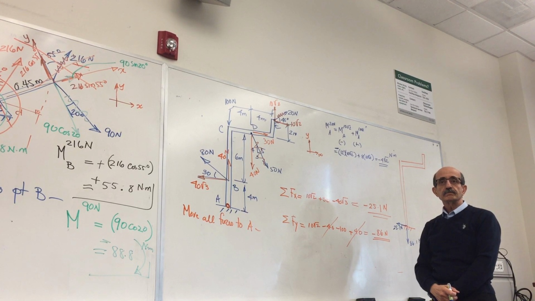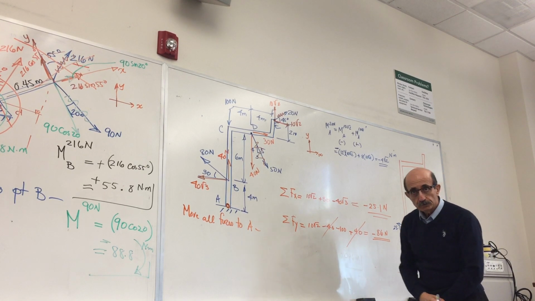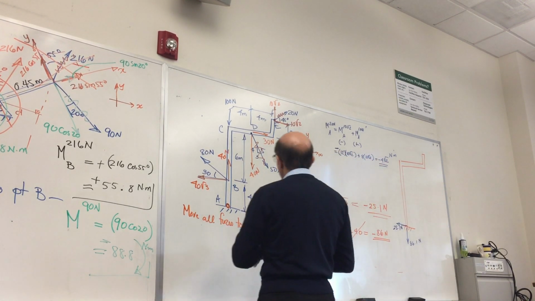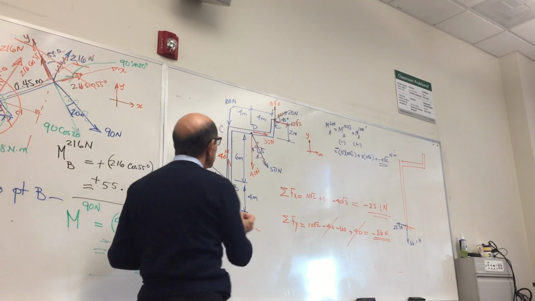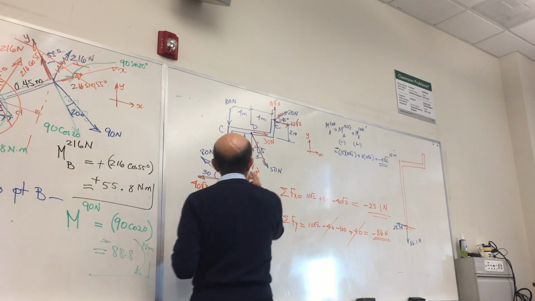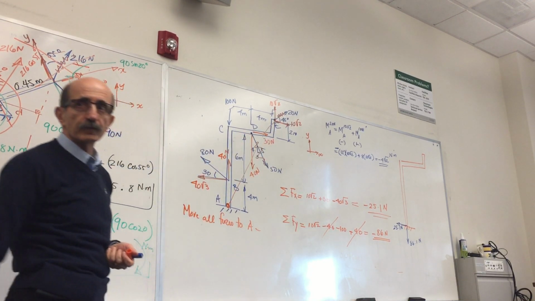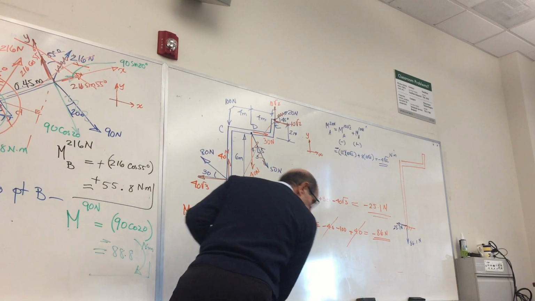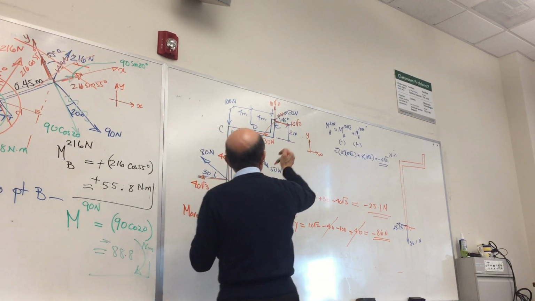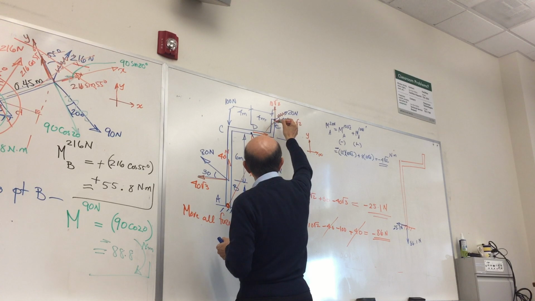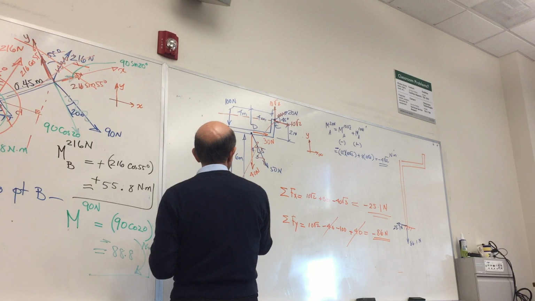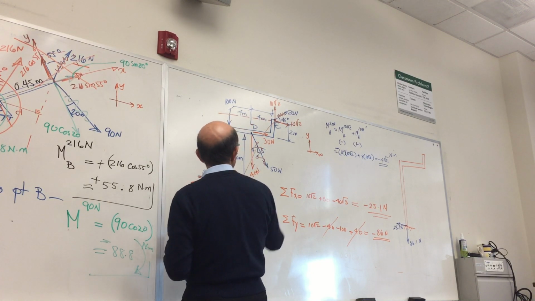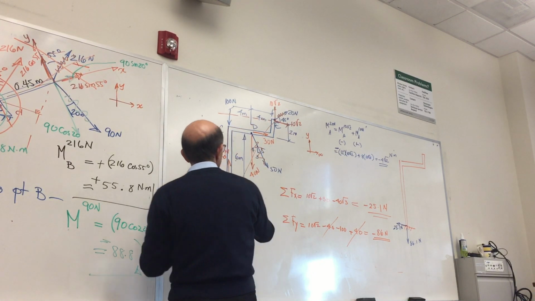Just to clarify, the difference of the moment about A of the 10 square root 2, and then the second one: the first one's in the x direction, the second one's in the y direction? Right. You're taking the moment of this force about that point. That means you have a moment arm like this, and it's going to rotate in that direction. But how much is that moment? The magnitude of that moment is the vertical distance between this line of action and this point, which is 2 plus 6 plus 4.